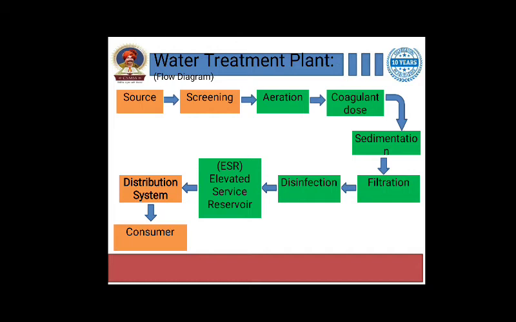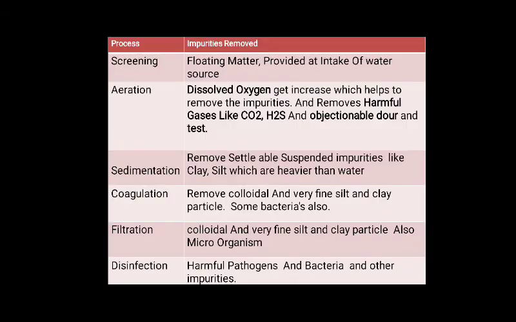Then this water will pass through the filtration tank, and then disinfection of the water will be performed. And this disinfected water we will supply to the elevated service reservoir, from where it will be distributed through the conveyance system to the consumer, right?